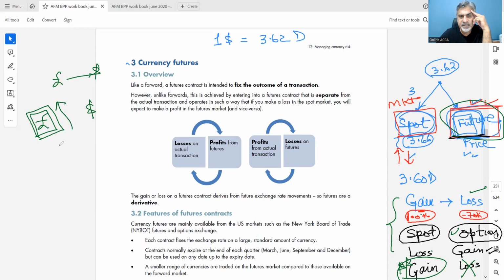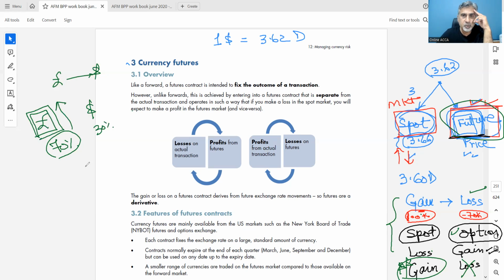You would say, yes, I think there is a 70% chance that sterling will become stronger, and only a 30% chance that the dollar becomes stronger. This is one situation in which risk is there, but you are still in a position to predict that there is a big possibility this will happen.